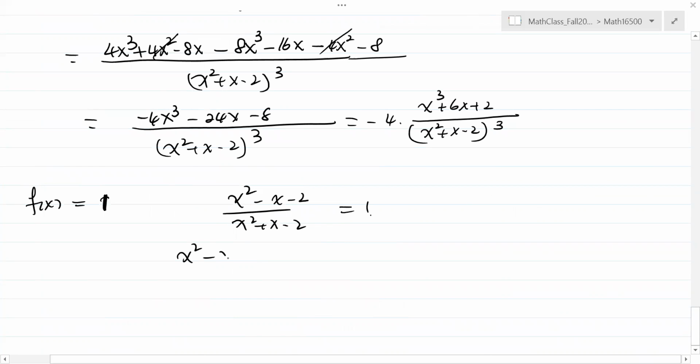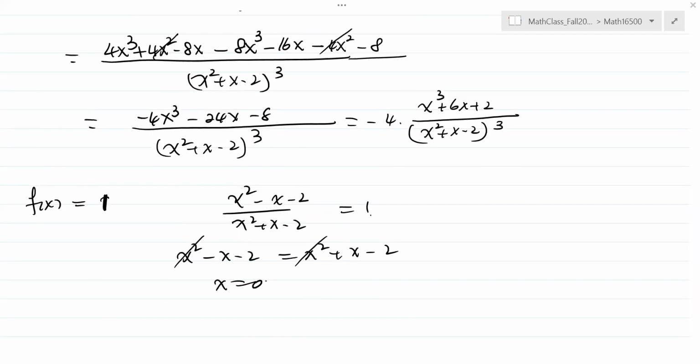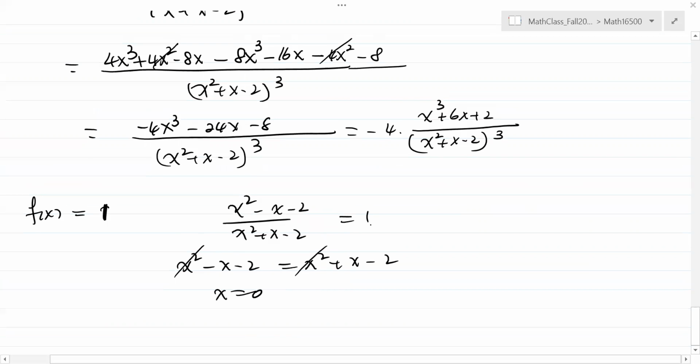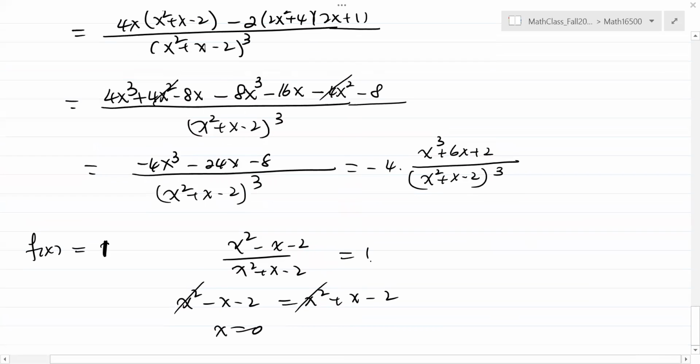Then you get x squared minus x minus 2 equals x squared plus x minus 2. X squared is gone, and negative 2 is gone, so x is going to be 0. So there's only 1 point, and the value of the function is going to be 1.